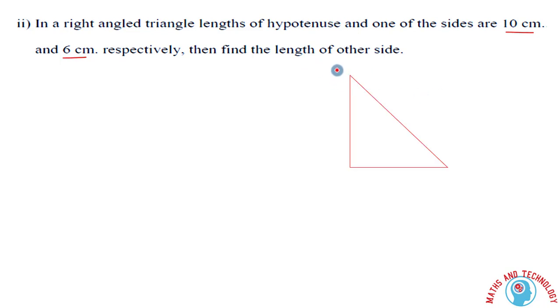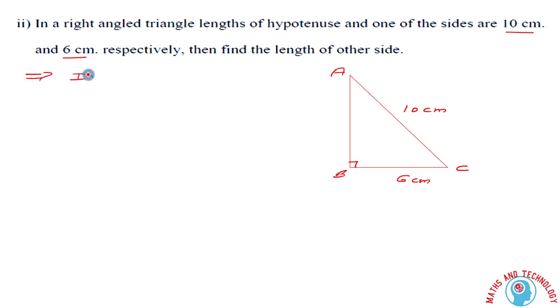Name this triangle ABC. Here hypotenuse AC, angle B is 90 degrees, hypotenuse is 10 cm and one side is 6 cm. Find the length of the other side.